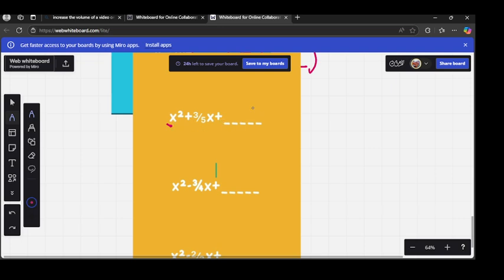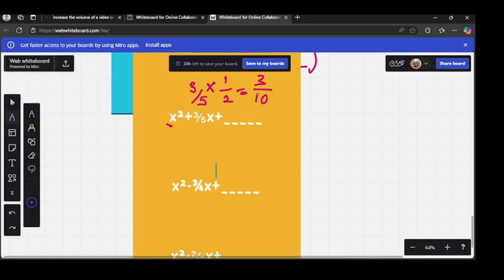Now what should we add here to make this a perfect square? First of all, the coefficient of x here is 3 over 5. What is half of 3 over 5? Half times 3 over 5 gives 3 times 1 over 5 times 2, which is 3 over 10.